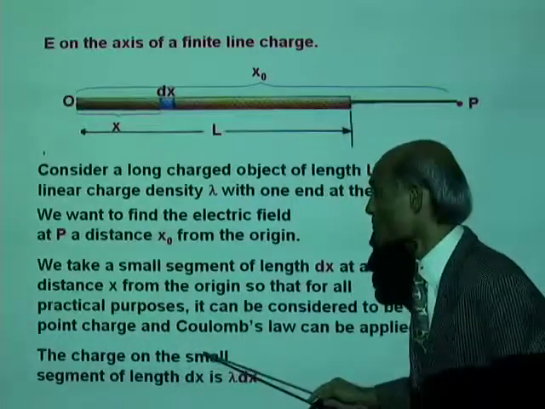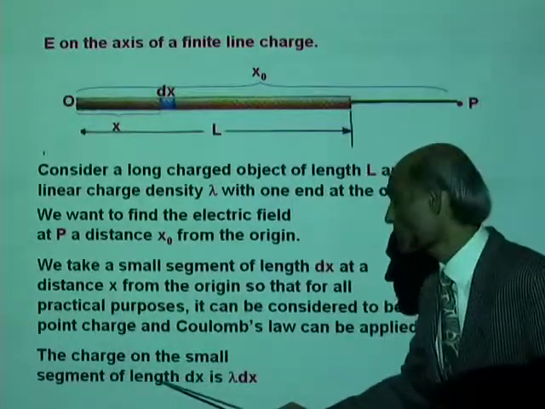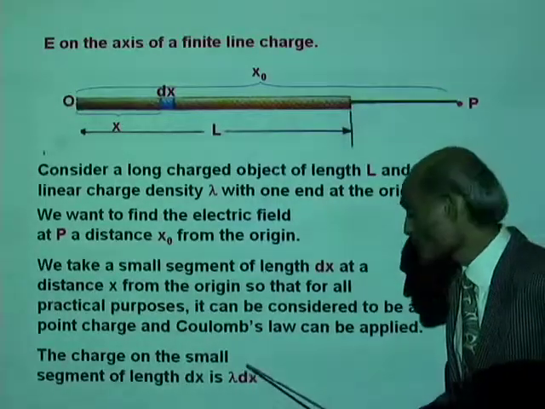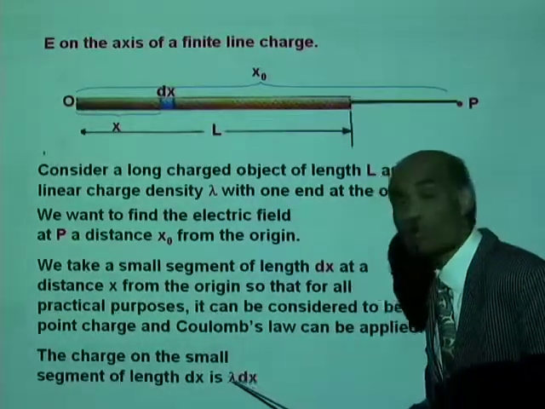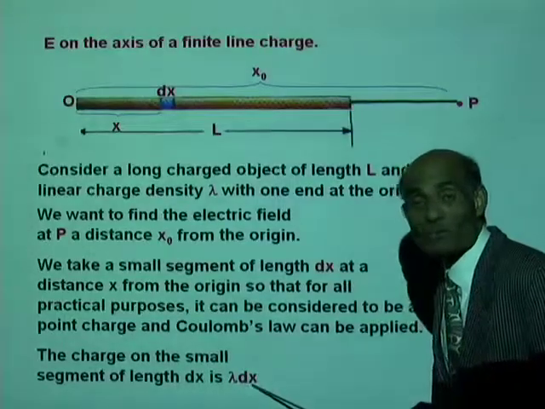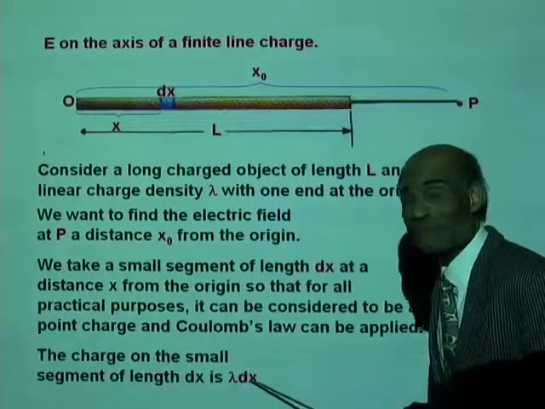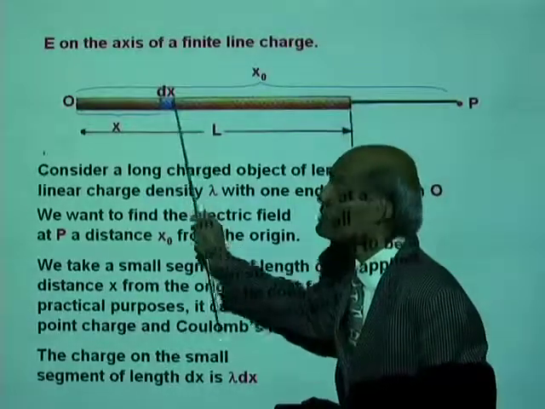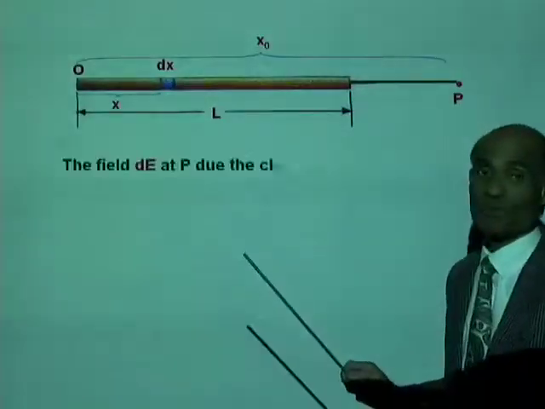The charge on the small segment of length dx is lambda times dx. You see, lambda is charge per unit length. Multiply that by the length of the segment, you get lambda dx is the amount of charge on that segment. Alright.